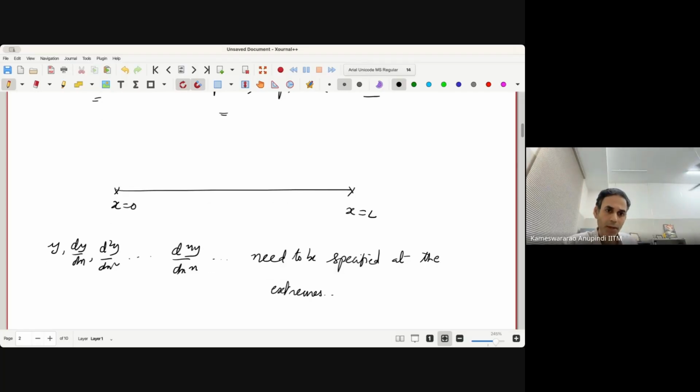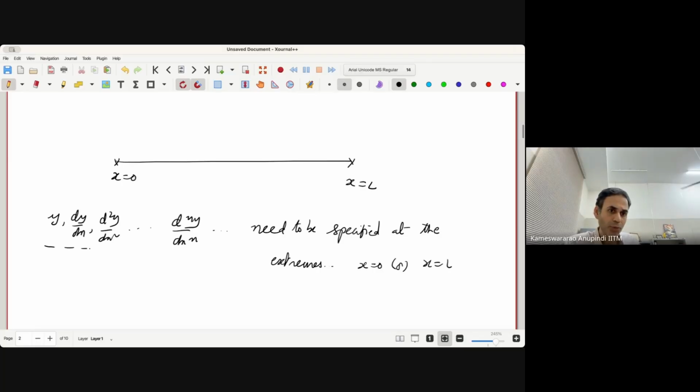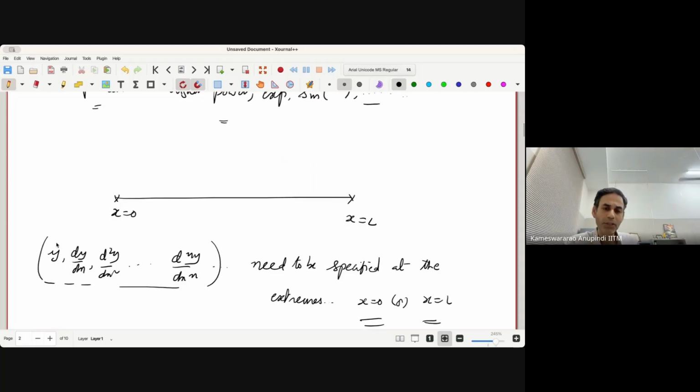That means either at x equal to 0 or at x equal to L. We could choose to specify, let us say, the first 3 values at x equal to 0 and all remaining values at x equal to L. Altogether, we just need to specify n values at the extremes.